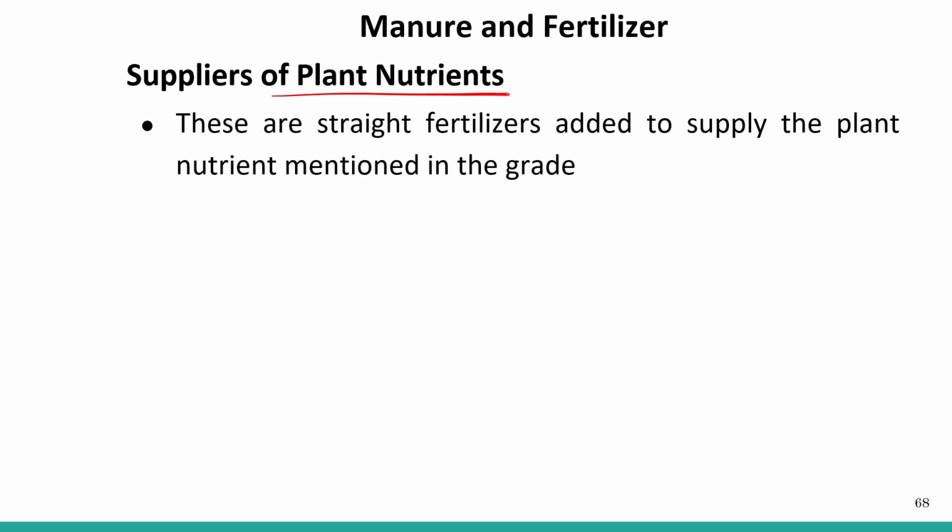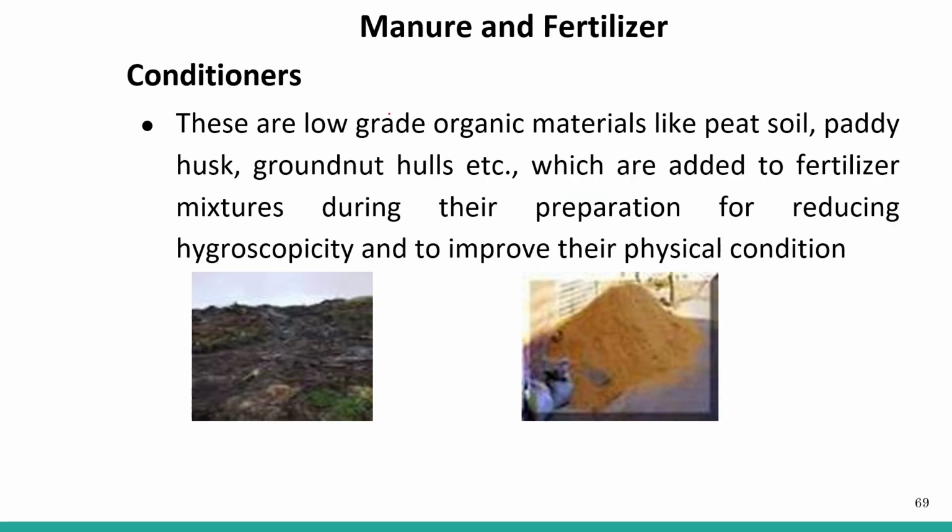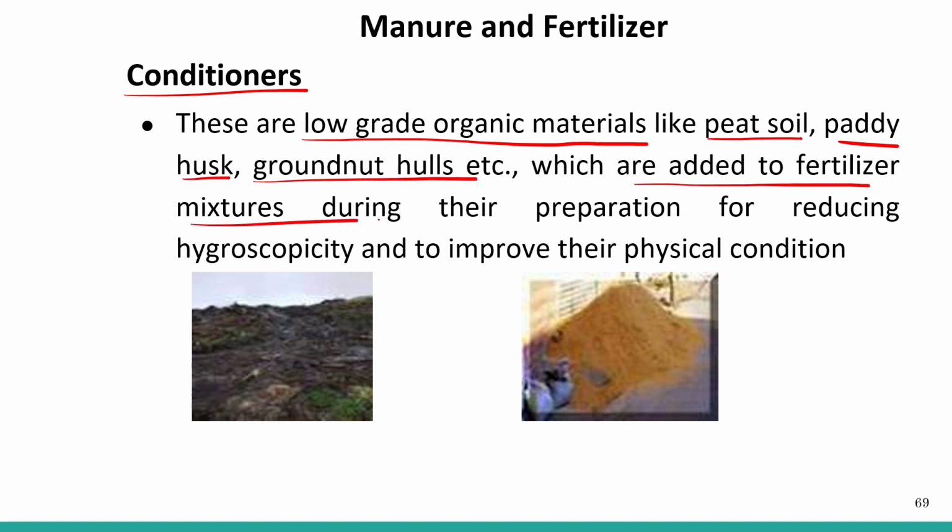Suppliers of plant nutrients. These are the straight fertilizers added to supply the plant nutrient mentioned in the grade. Conditioners. These are low grade organic materials like peat soil, paddy husk, groundnut hulls, etc., which are added to the fertilizer mixture during preparation for reducing hygroscopicity and improving physical condition.